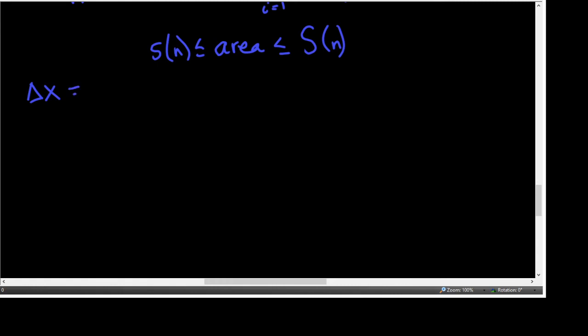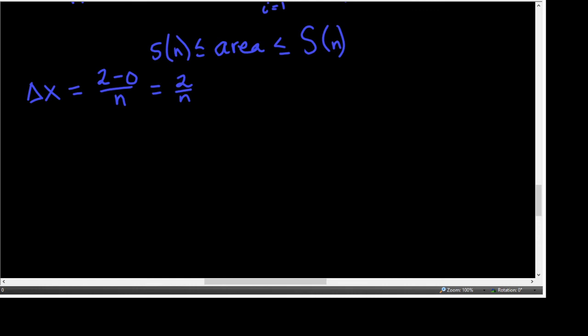Okay, so delta x, which is b minus a over n, will be 2 minus 0 over n rectangles, which simplifies to be 2 over n. All right. So if you look at the picture of the inscribed and circumscribed, it appears that the inscribed rectangles are left-hand rectangles.